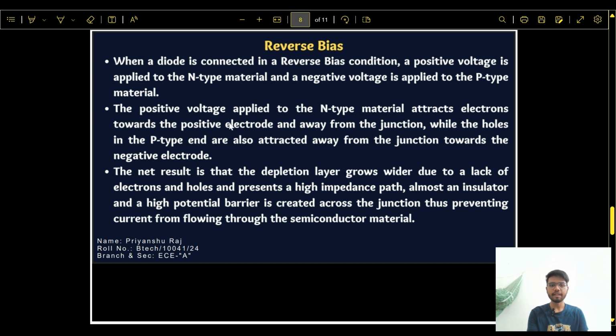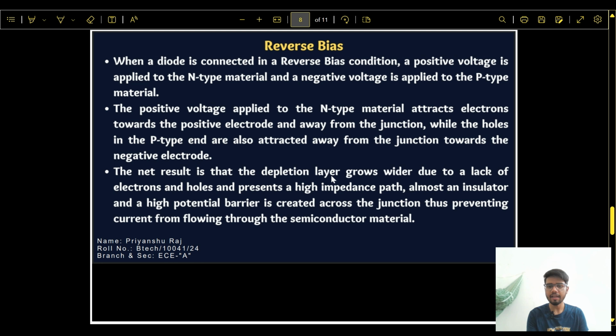The positive voltage applied to the N-type material attracts electrons towards the positive electrode and away from the junction, while the holes in the P-type end are also attracted away from the junction towards the negative electrode.